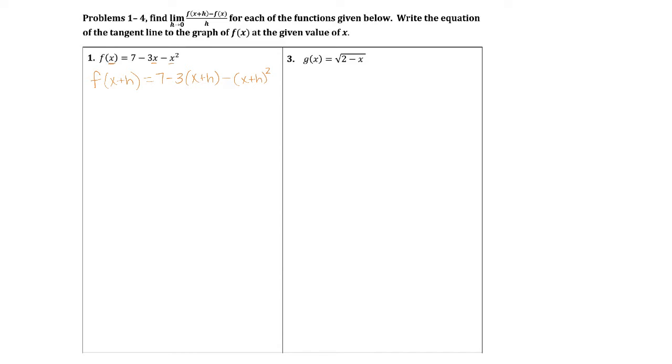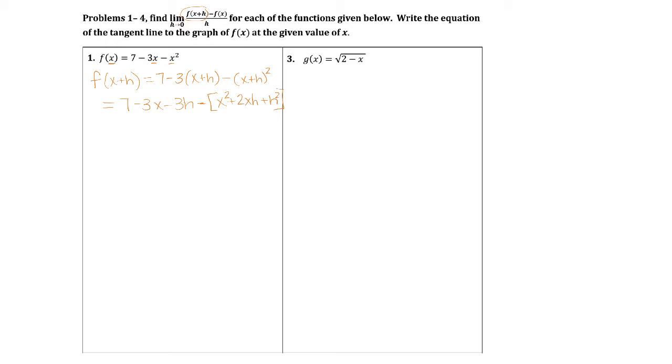Now I would continue to simplify this because I need to know what that value is so I can plug it into this limit problem. And so I'm going to have 7 minus 3x minus 3h minus, and again here, I'm going to do the brackets because when I pull this out, I'm going to have x squared plus 2xh plus h squared.